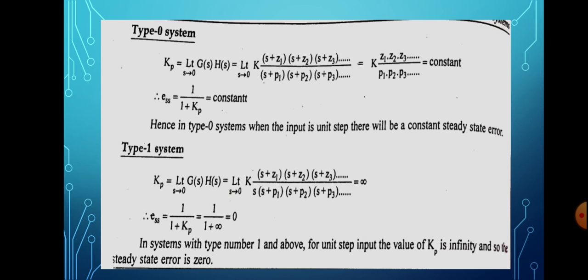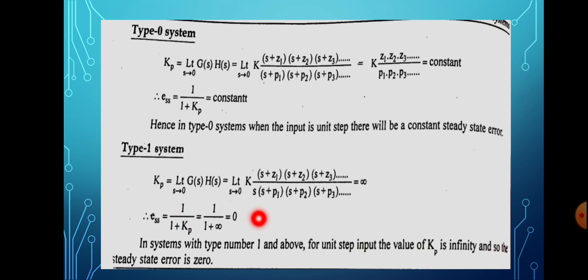So you can write the steady state error as, you know that this is the value of Kp when we are giving the limit value s tends to 0, then this quantity will be equal to infinity. 1 by 0 will be equal to infinity, that is the value of Kp, and Kp in the case of steady state error will come to the denominator side, so 1 by infinity will be equal to 0.